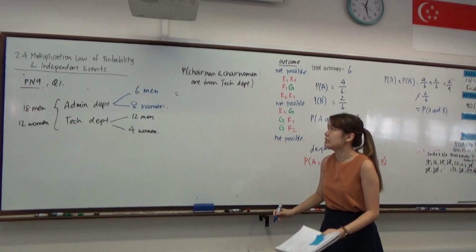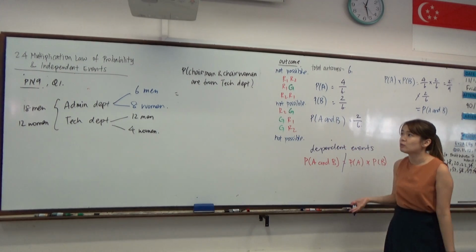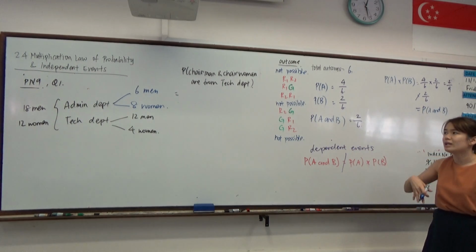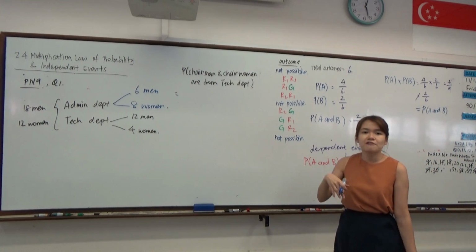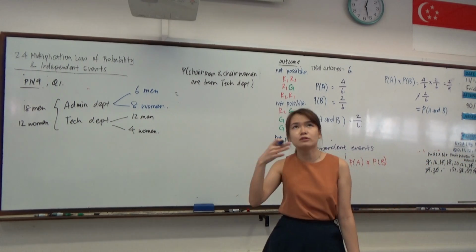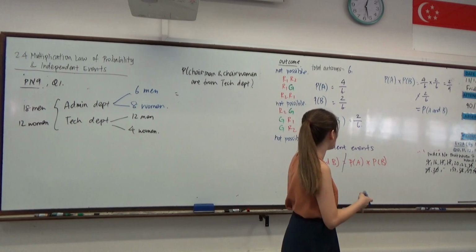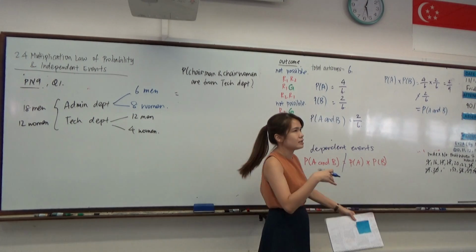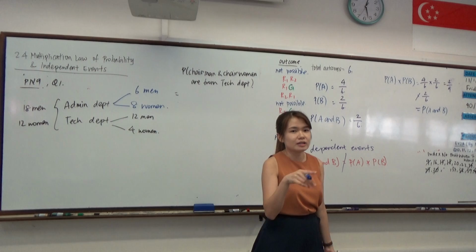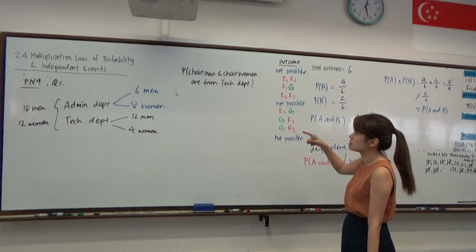So the probability that chairman and chairwoman, okay, so when it comes to the word and, earlier on I said that for union, if we refer to all, when it comes to and, it means intersection. Sorry, I didn't use the symbol.